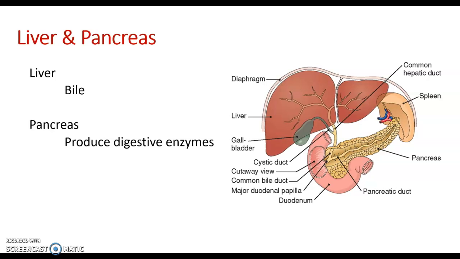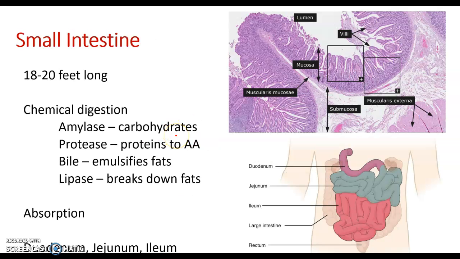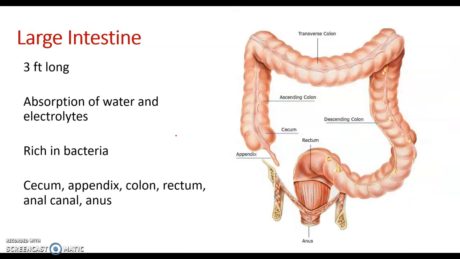Back up a little. Once the chyme mixture has made it through the small intestine, the majority of absorption has already occurred. But what's left over does enter the large intestine. And the large intestine absorbs the majority of the water remaining in the chyme mixture.